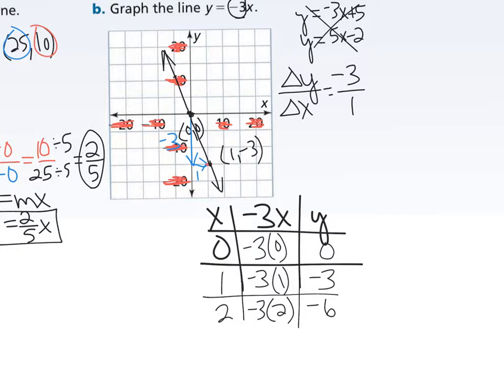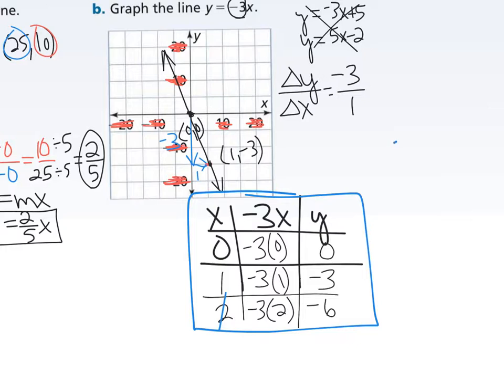One nice thing about doing it this way with the table is that we're actually getting 3 points instead of 2 points. With 3 points, if I get them to line up with each other, that is reassuring to me that I've done this correctly.